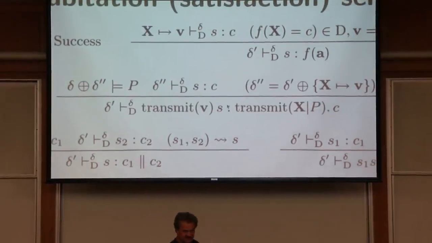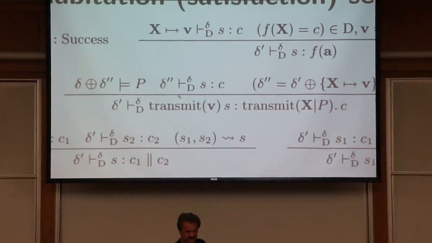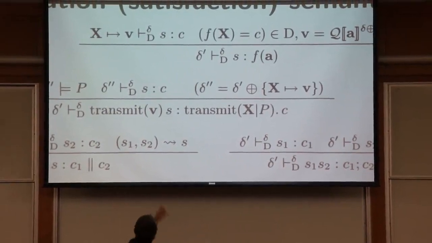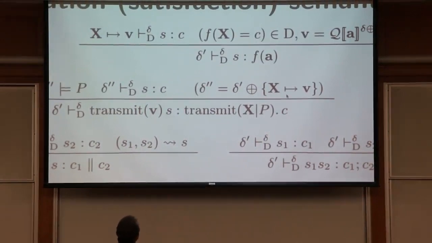And furthermore, we take the binding that we get from the transmit X being matched by the concrete transmit V. That's the binding here: we're taking all the bound variables in transmit X and binding them to the concrete values.